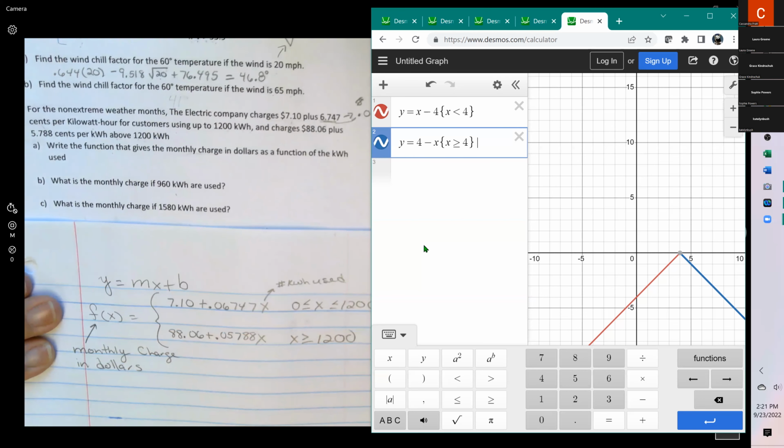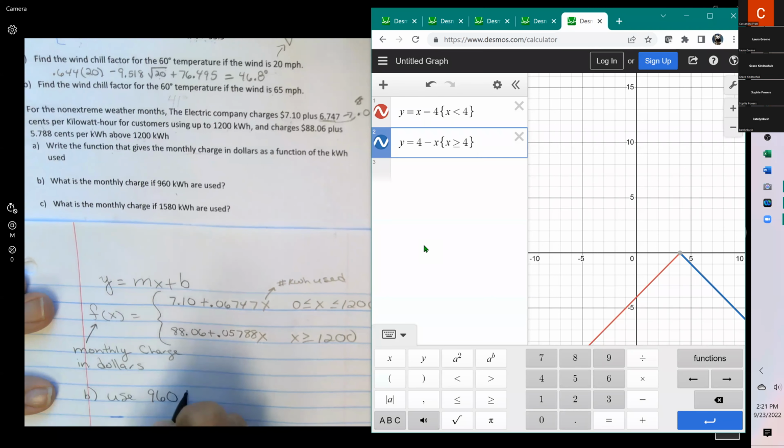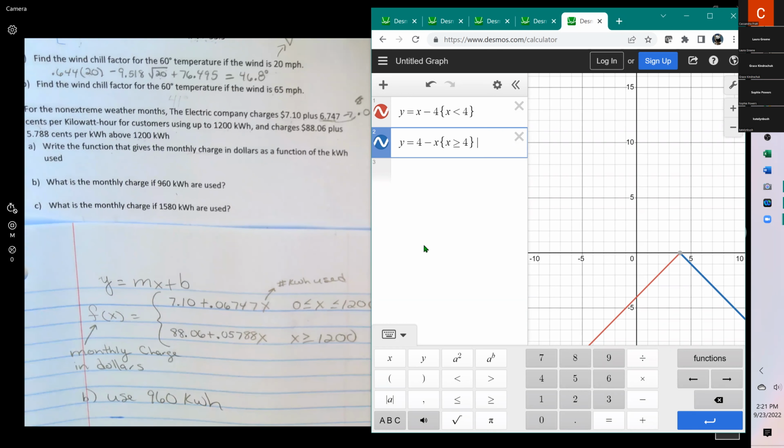What is the monthly charge if 960 kilowatt hours are used?